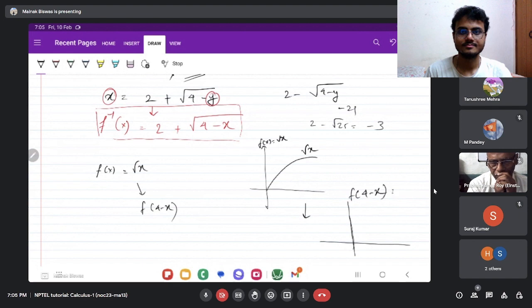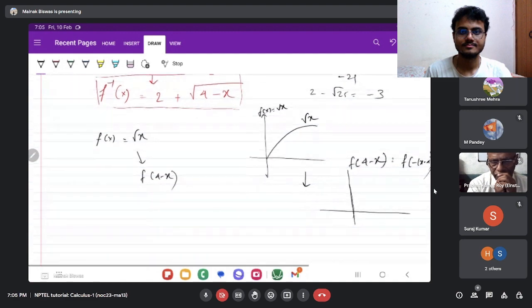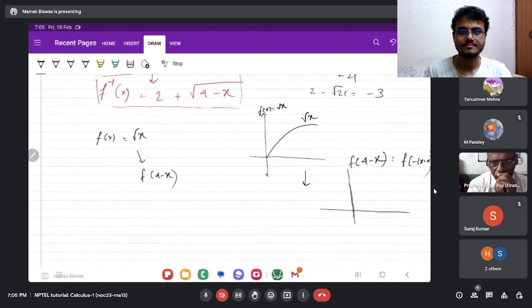So 4 minus x can also be written as f of minus (x minus 4), right? So we had seen if a function is having a negative value, it's centered about 4. So x minus 4 would have been this. So minus was to take the mirror image. So for example, this will be this.